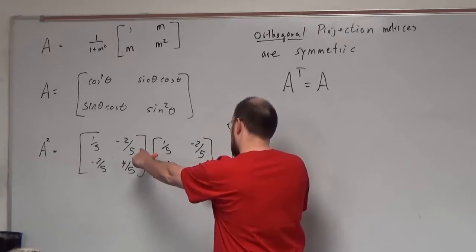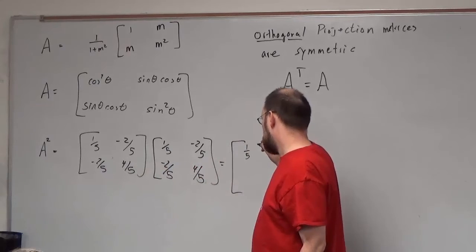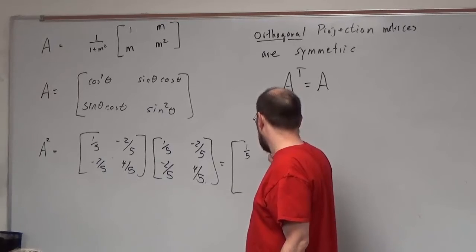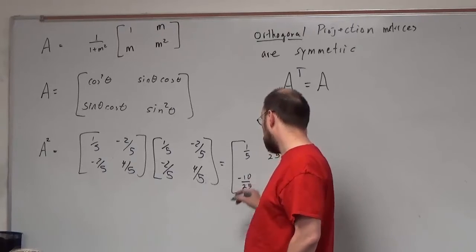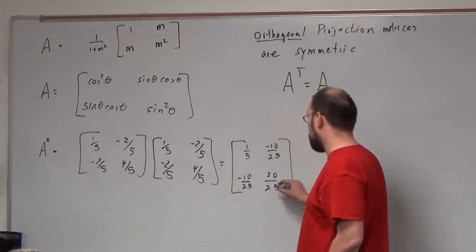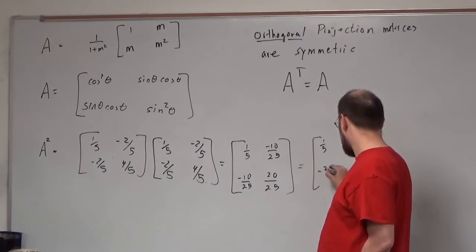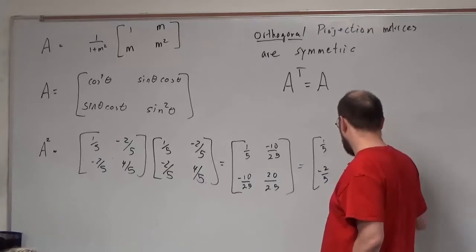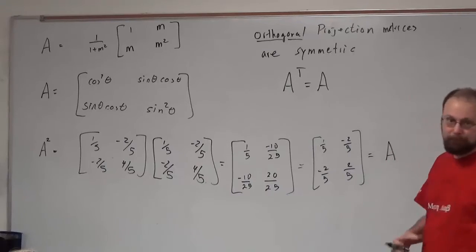Then -2 minus 8, and 4 and 6 is 20. And then we can reduce that. So what do you get? Well, you get the original matrix A.